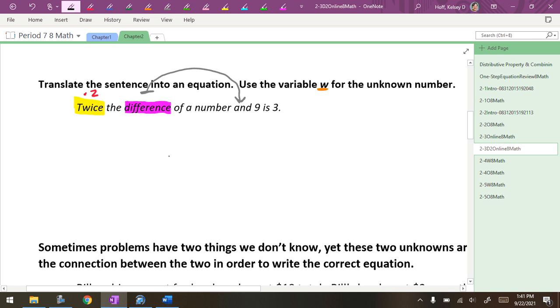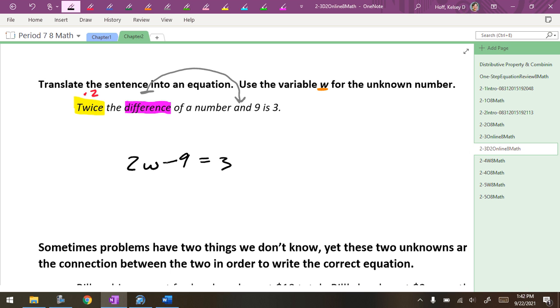Don't even go backwards. Go straight down from what you have. What do you want me to start with? A 2? 2w? Like that? No?